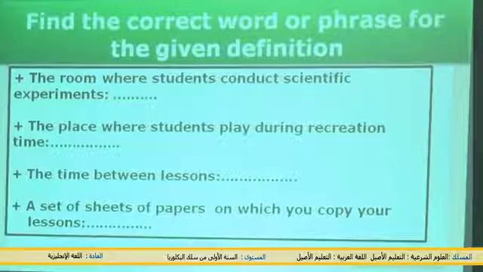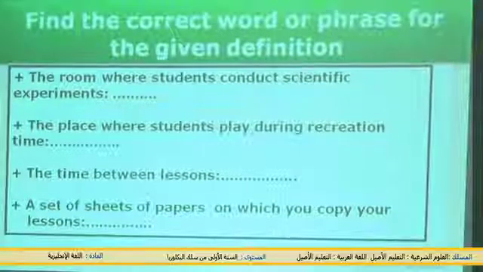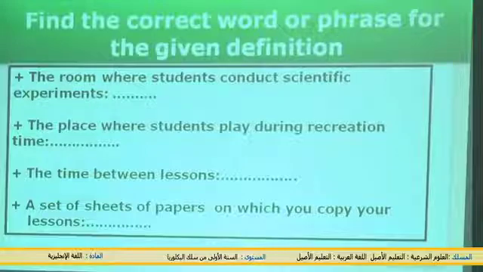And what do we call the place where students play during recreation time? Number 3, what do we call the time between lessons? And the last one, what do we call a set of sheets of papers on which you copy your lessons?